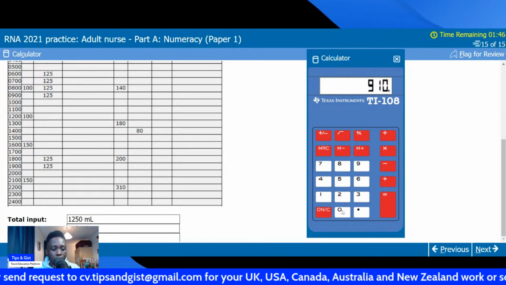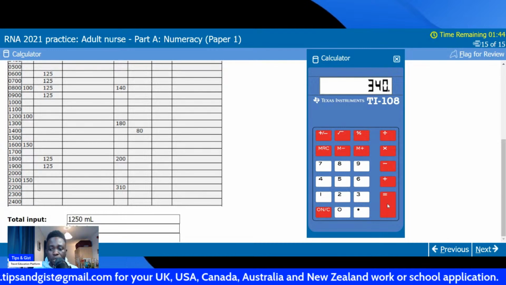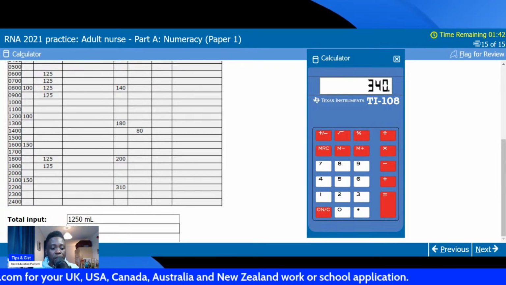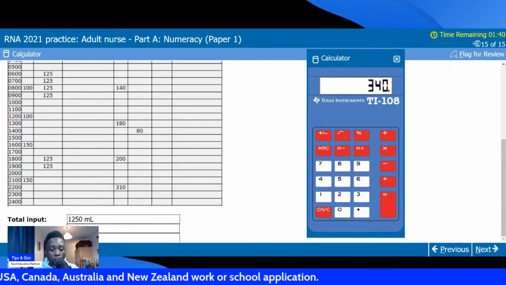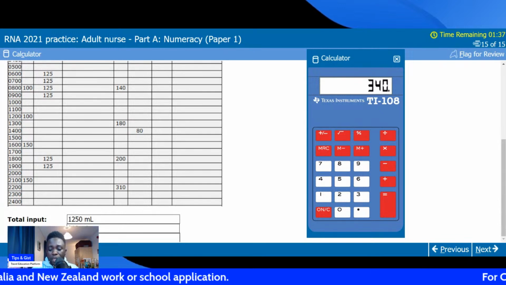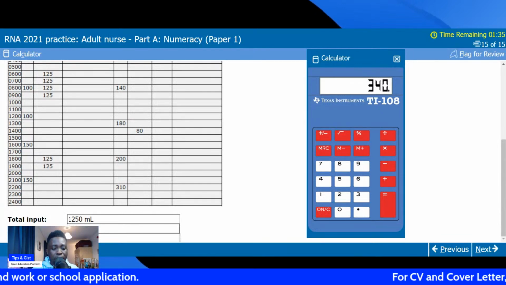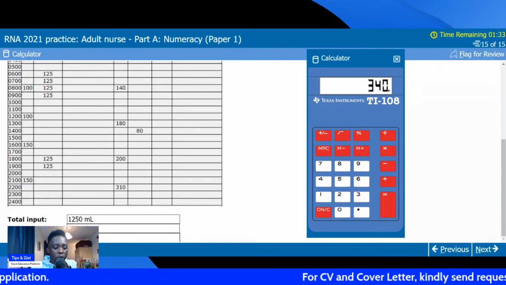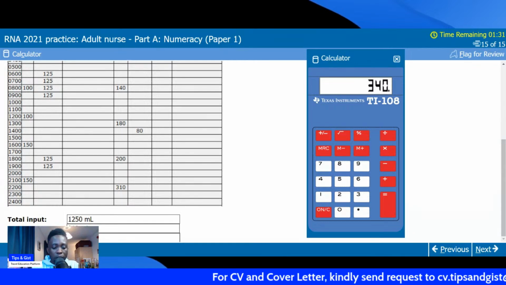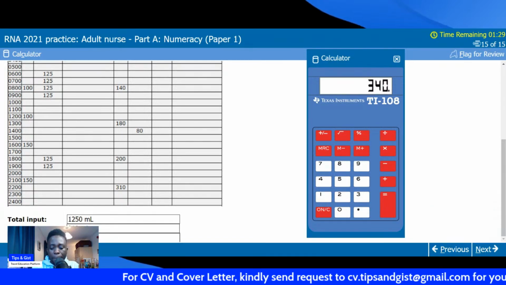We are subtracting the output from the input, and we get 340. So that means the patient gained fluid. The patient retained fluid, so it's a plus. The answer should be plus 340, 340 space small m capital L.